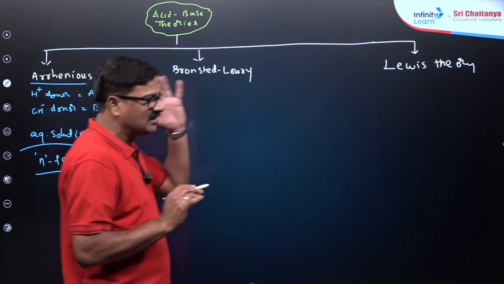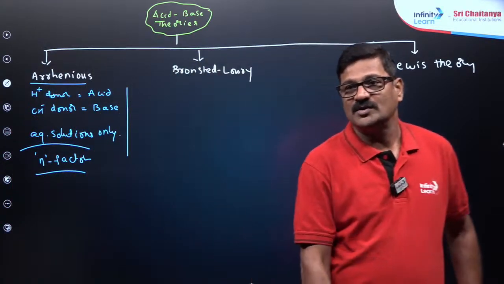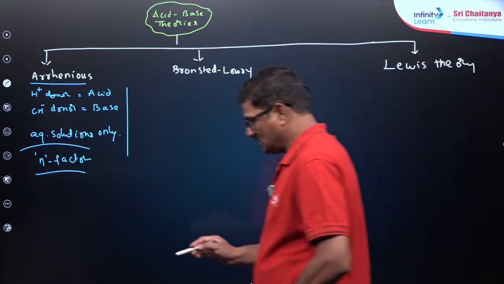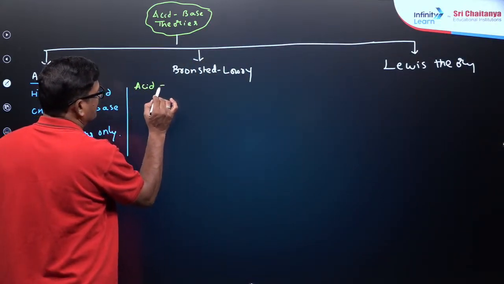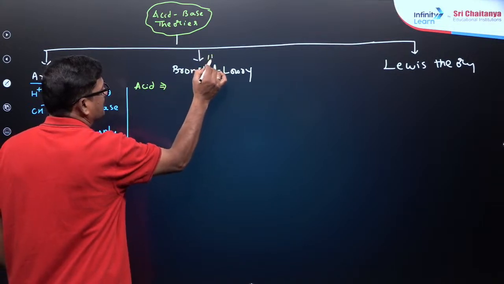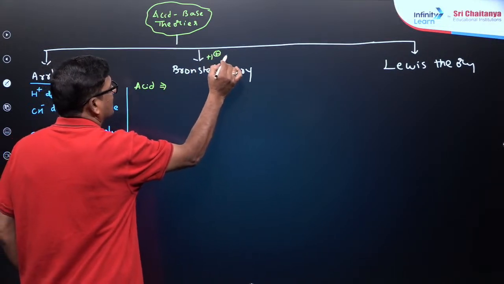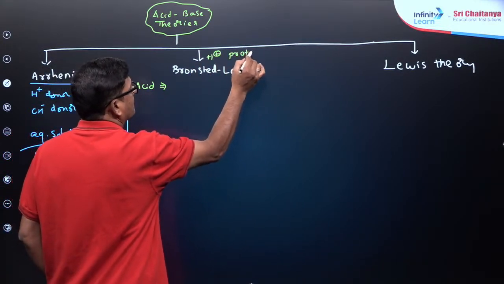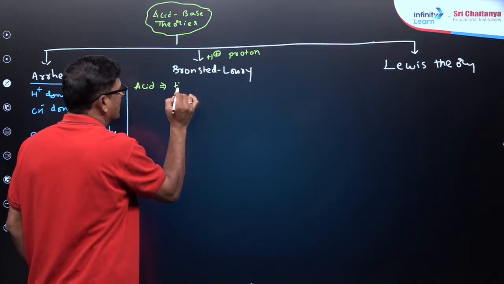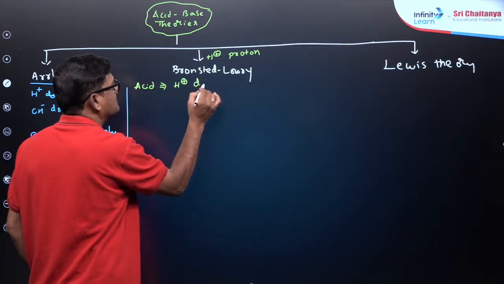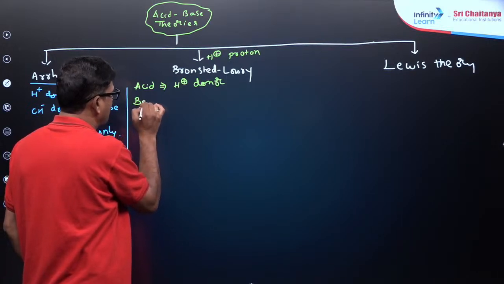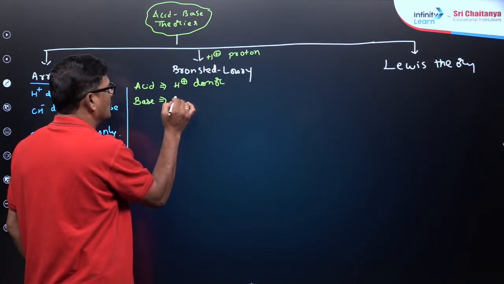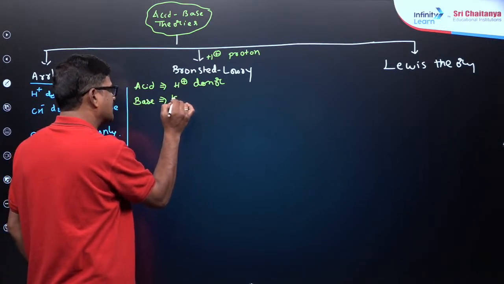Organic chemistry mein zyada kaam chalega iska. So what is this? Acid bolte hain iska H plus donor. H plus ka matlab kya? Proton. It is called proton. Okay, this is called H plus donor. And the base is H plus acceptor.